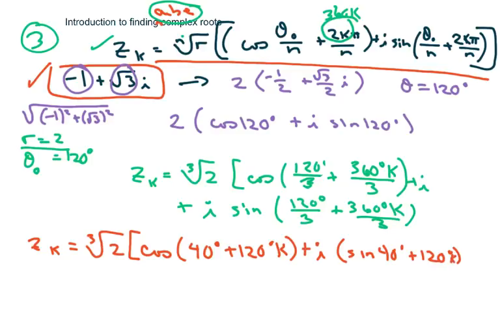Oops, k. All right, now we need 3 k's. We're going to let k equal 0, 1, and 2. So if we let k equal 0, and this is what we're going to do in the next slide, we're going to do z_0.